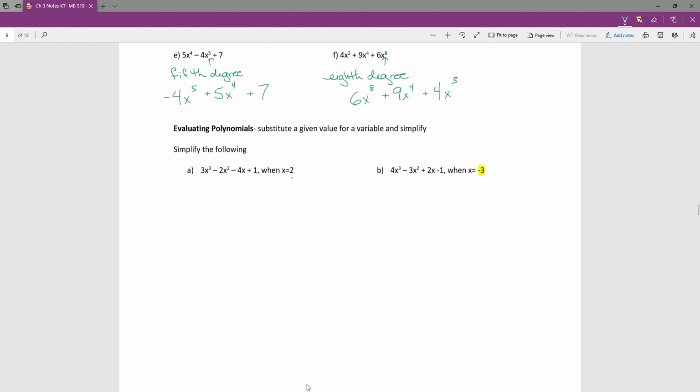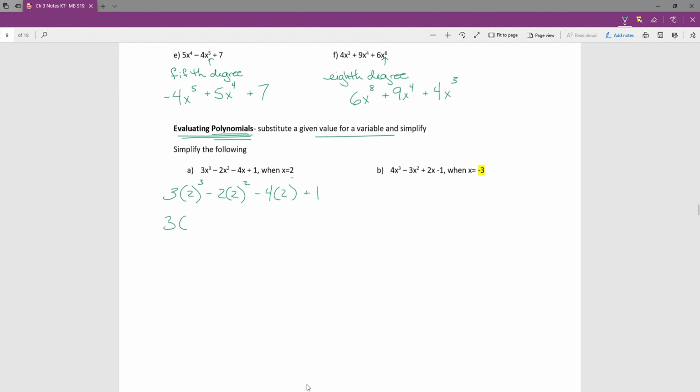Barking dog and all. The last part here is evaluating polynomials, and we've done this. Last time we saw this, we were evaluating expressions, but now we've been introduced to these polynomials. We're going to finish up this page with the last 2 examples here. What we're going to do is sub in with brackets and evaluate these things. So I rewrite my expression, plugging a 2 in where I see an x. Then I'm going to follow order of operations, so I'm going to start with the exponent.